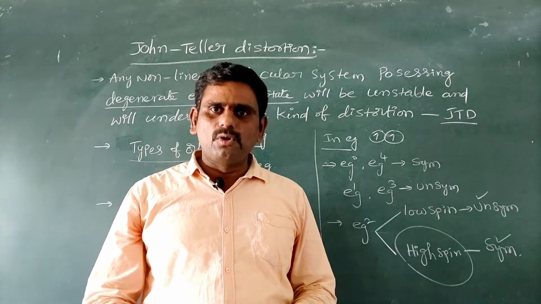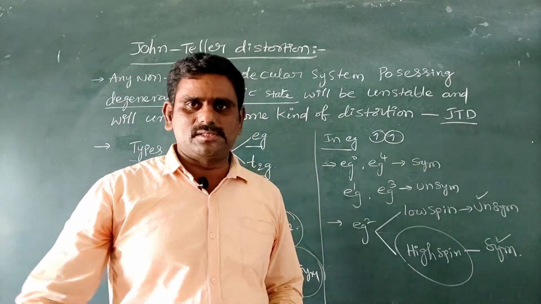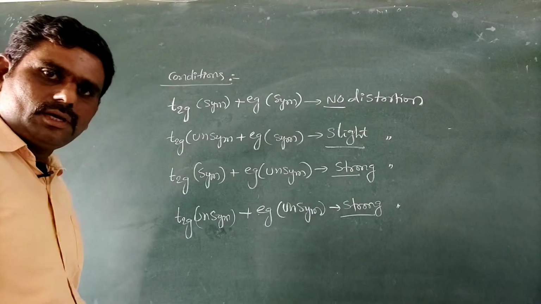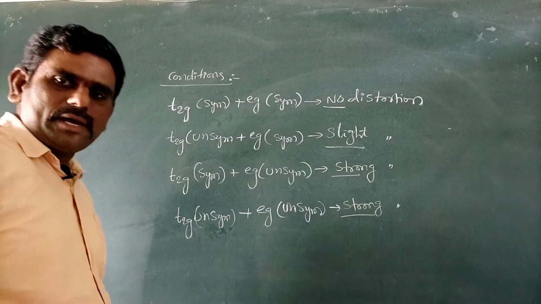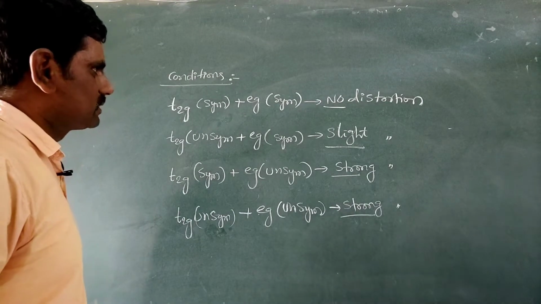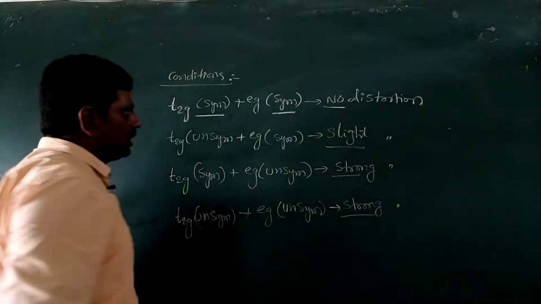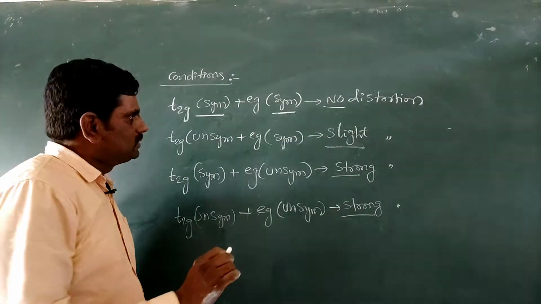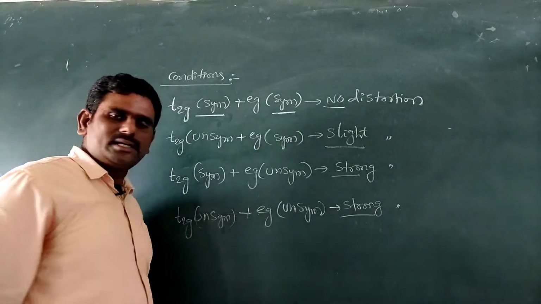Here we will observe some more conditions to apply this concept to complexes. We have different conditions to observe the magnitude of Jahn-Teller distortion, particularly in octahedral complexes. If the T2g and Eg orbitals of a given complex are both symmetric, there is no Jahn-Teller distortion.